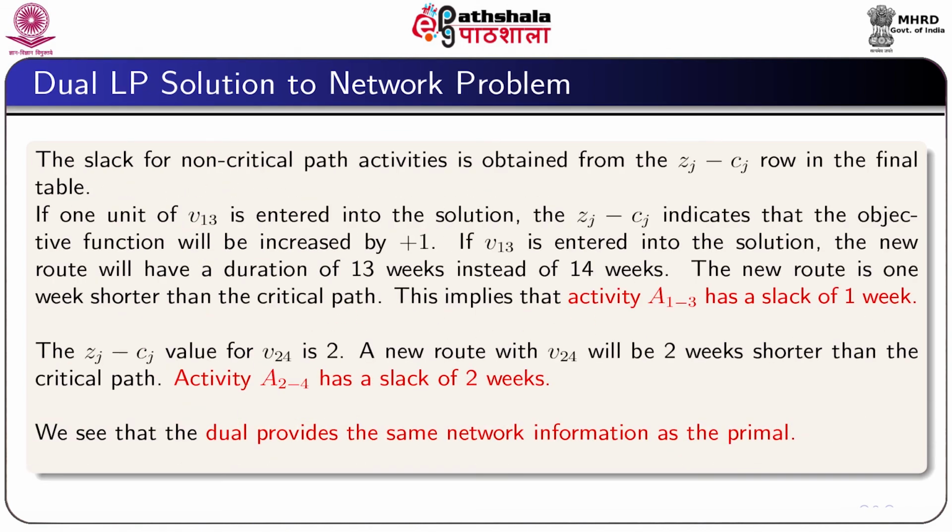The slack for non-critical path activities is obtained from the zj minus cj row in the final table.